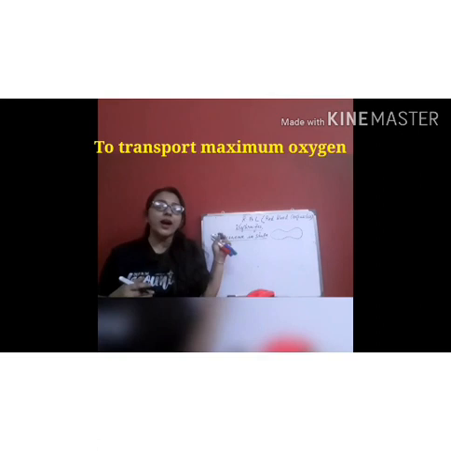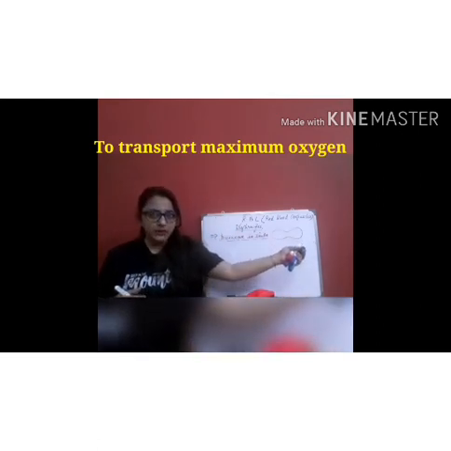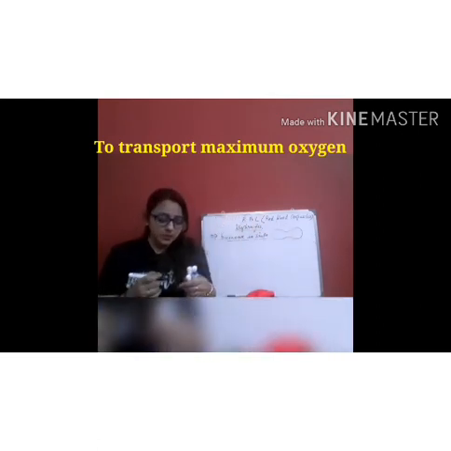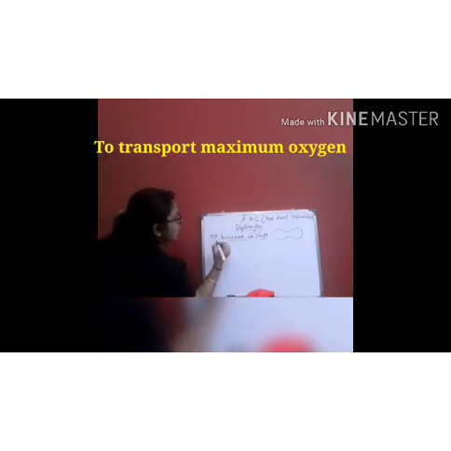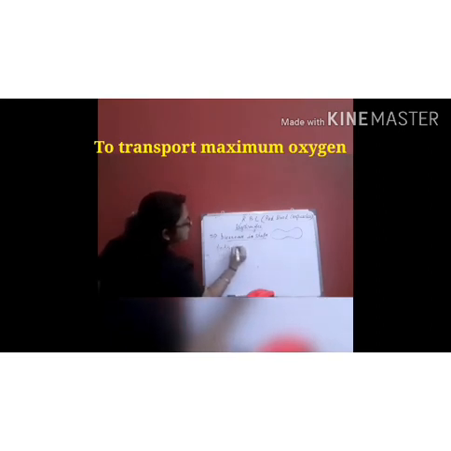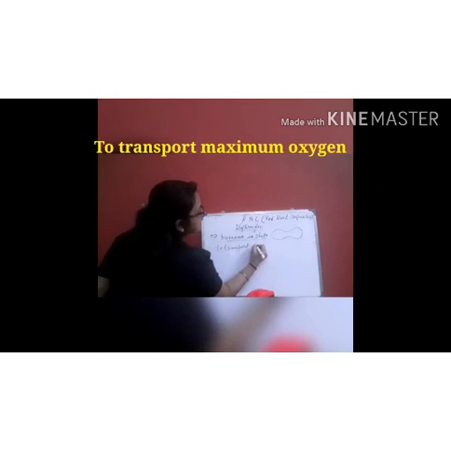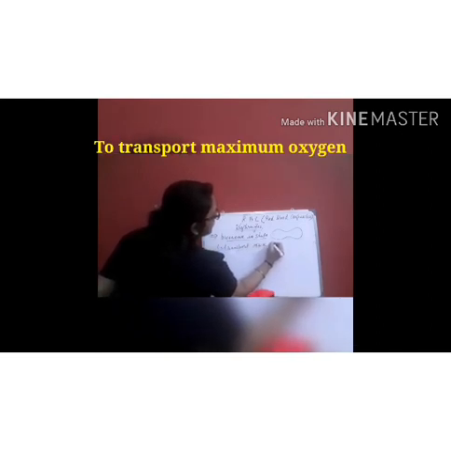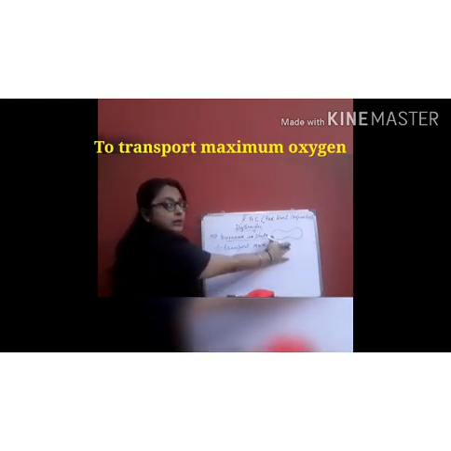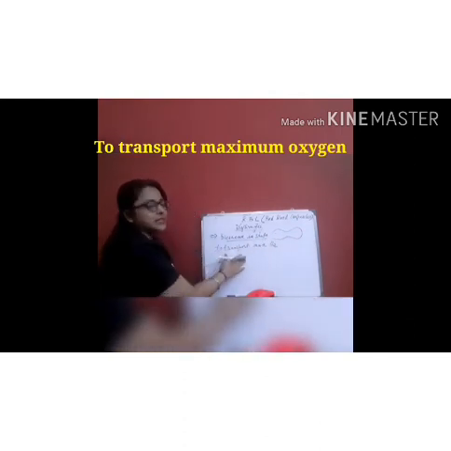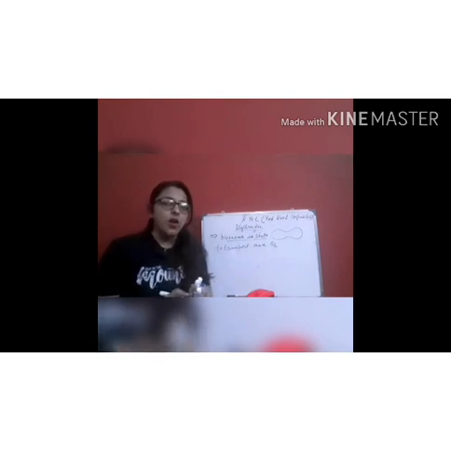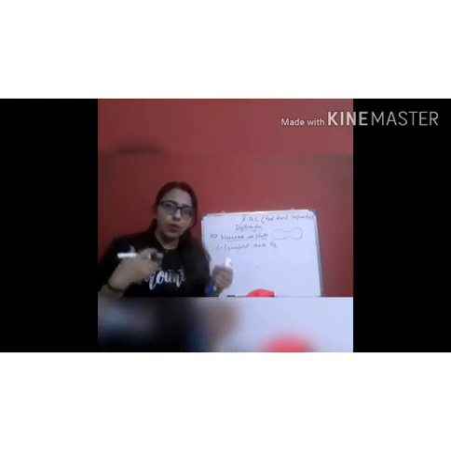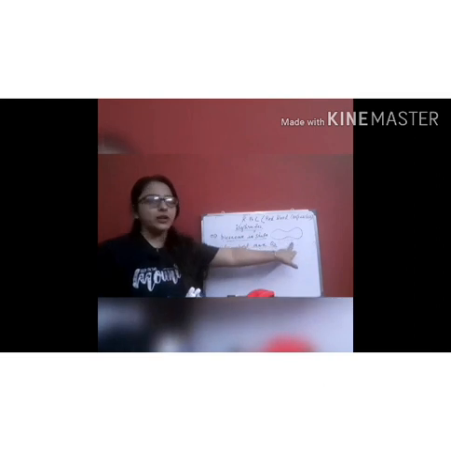RBC is biconcave in shape so that it can transport the maximum amount of oxygen, because RBC carries oxygen. So for carrying more oxygen, its shape is biconcave.